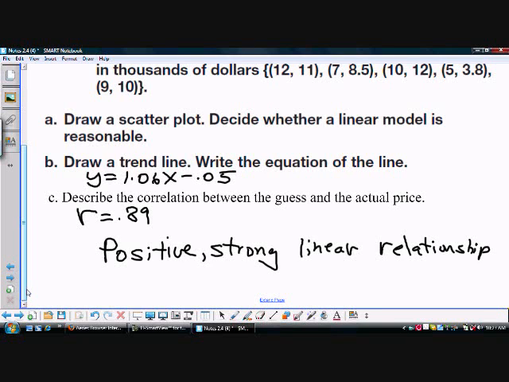So I believe if I would have put number 11 into my calculator, I would have gotten something that was not quite so strong.